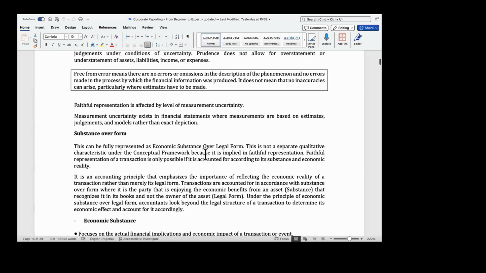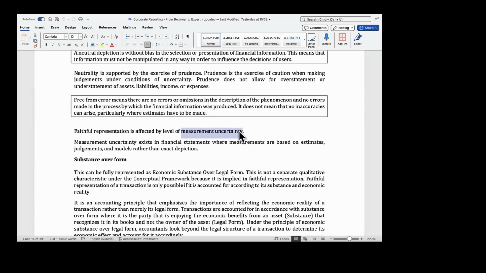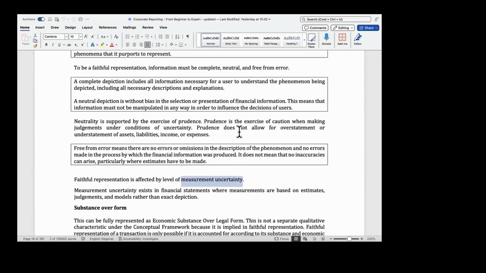There's a terminology we need to mention here, which is measurement uncertainty. Remember, I've been saying that IFRS is principle-based. We make use of judgments and estimates, and our figures are not accurate. We call that measurement uncertainty, so there is always a level of it in the report. IAS 1 requires that all entities disclose the areas where they have made estimates and judgments.